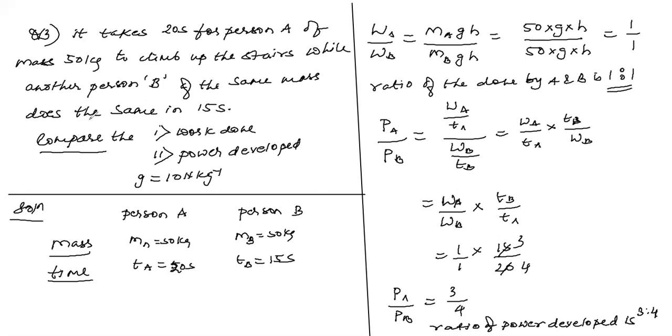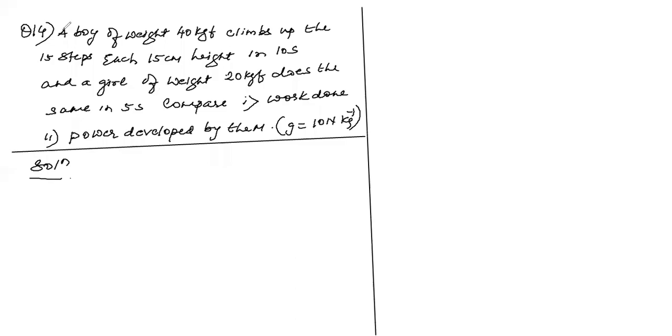Now we go to question number 14. A boy of weight 40 kgf climbs up 15 steps, each 15 centimeter in height, in 10 seconds. And a girl of weight 20 kgf does the same job, climbing the stairs, 15 steps in 5 seconds.